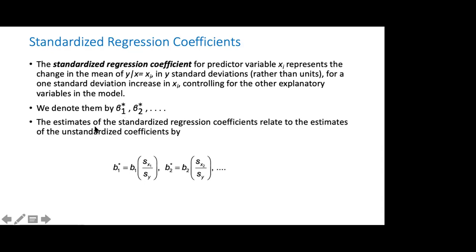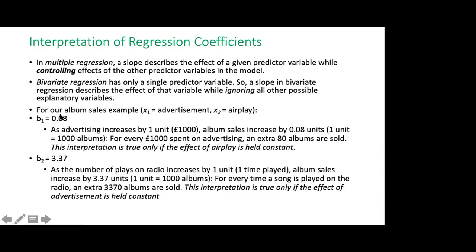The idea behind the standardization is that you want to express everything in standard deviations, to make the influence or contribution of the individual predictors comparable. Otherwise, as we have seen in our example, advertising had completely different units than the number of times the song was played on the radio.